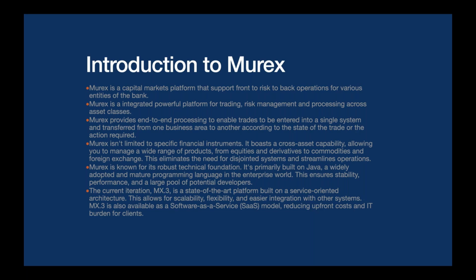All of them would use FX and MM. When I say FX products, foreign exchange, then money market products. Those are the two asset classes wherein, if a bank has Murex, they will definitely use it, because Murex aces those asset classes. Then fixed income and IRDs are also widely used.